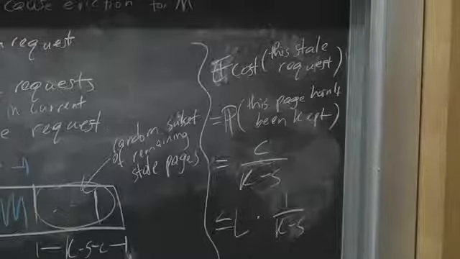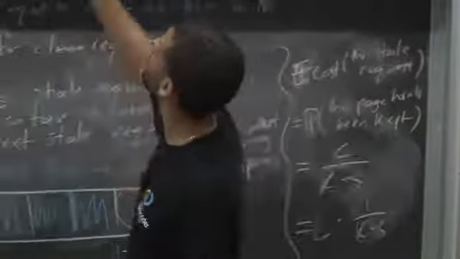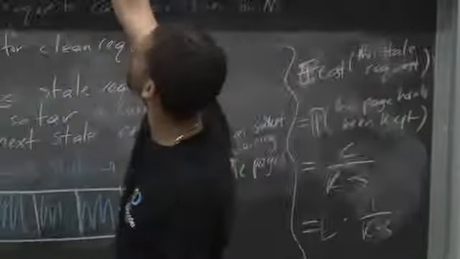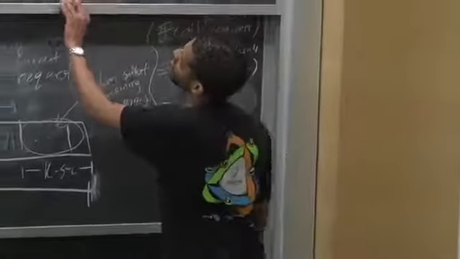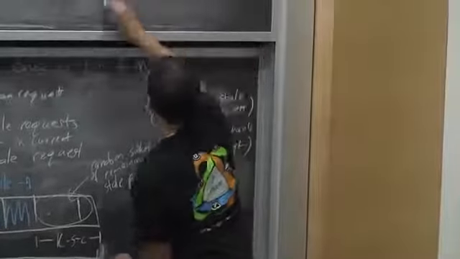Okay, good. And remember now, s, the number of stale requests we said was k minus li. So s is ranging from 0 up to k minus li minus 1. Let me just write that here before I start a new thing.